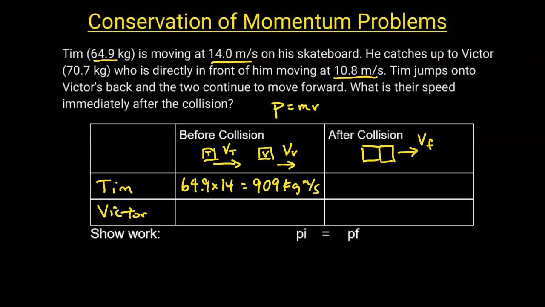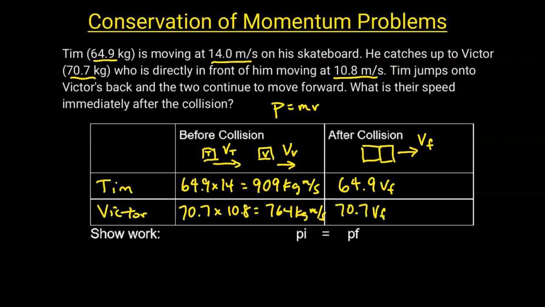Then Victor has a mass of 70.7 and a speed of 10.8, and so his initial momentum is 764 kilogram meters per second. Afterwards, Tim is going to have a momentum of 64.9 times Vf, which is what we're looking for, and Victor will have a momentum of 70.7 Vf.